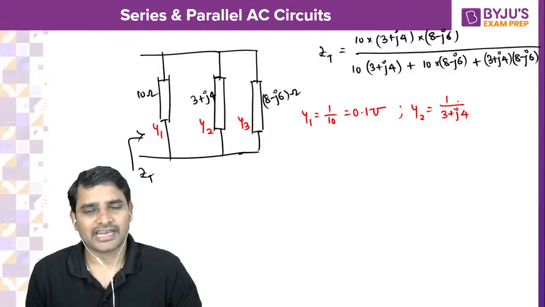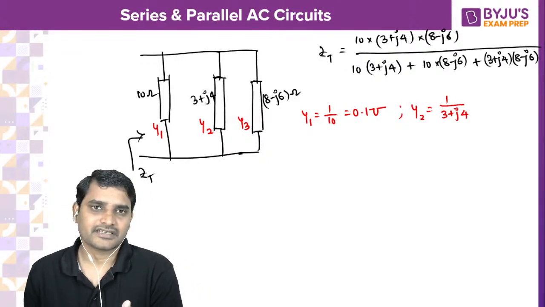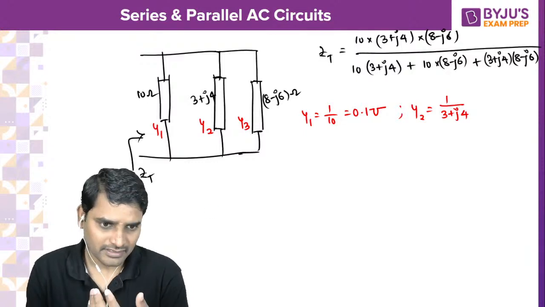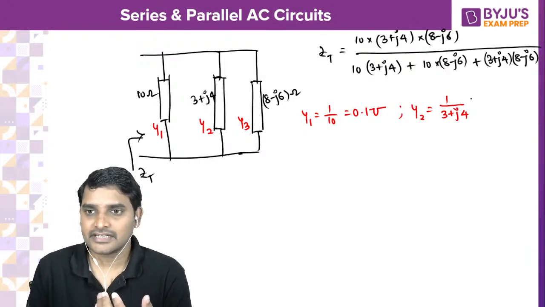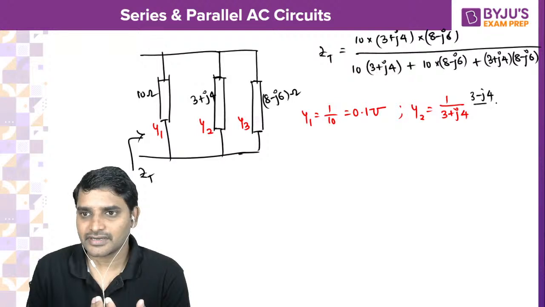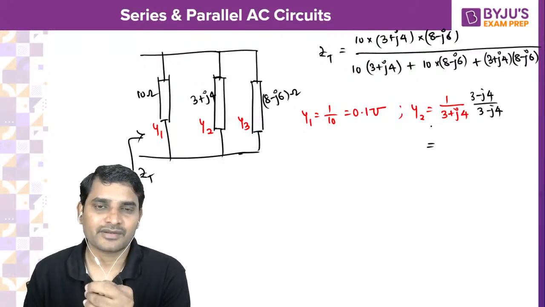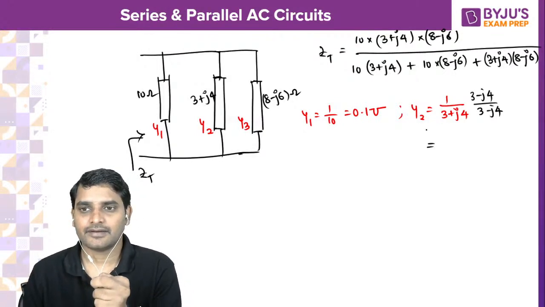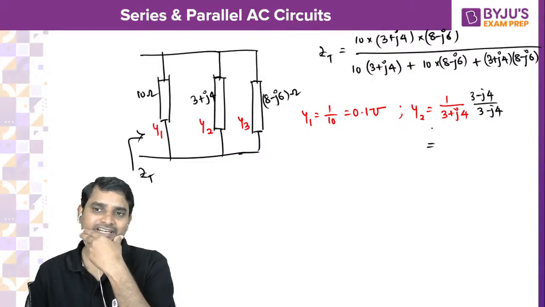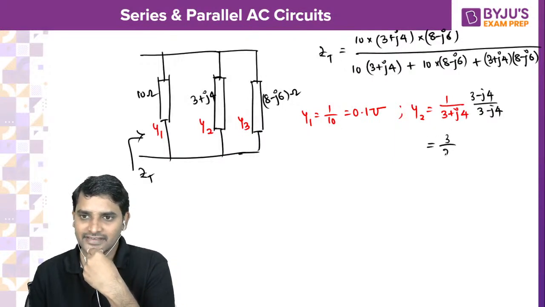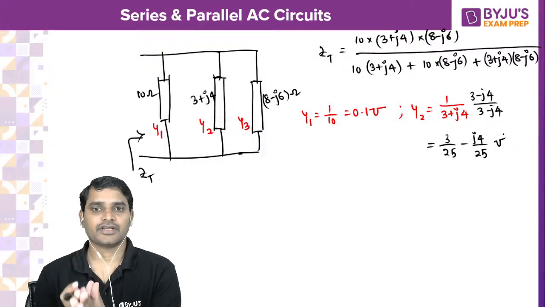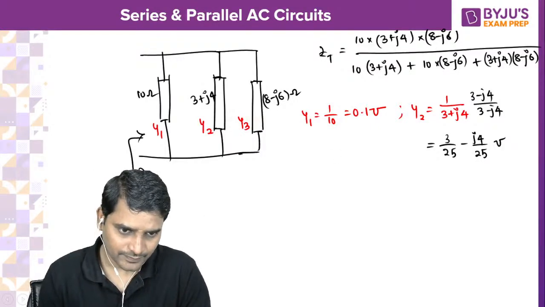Here you need to rationalize, multiplying by the opposite sign: 3 minus j4 divided by 3 minus j4. You get 3 square plus 4 square, which is 25. So y2 is 3 by 25 minus j4 by 25 mho.